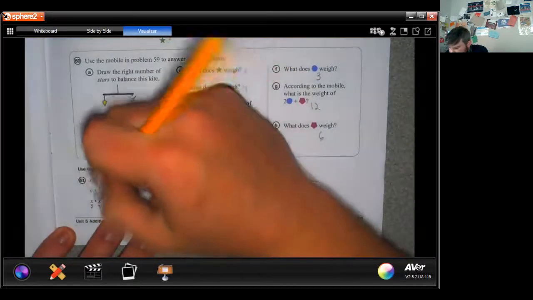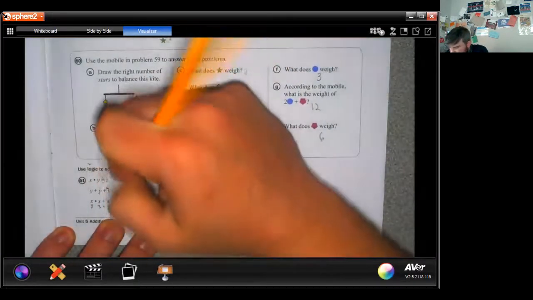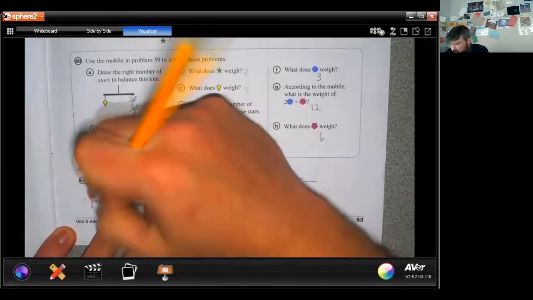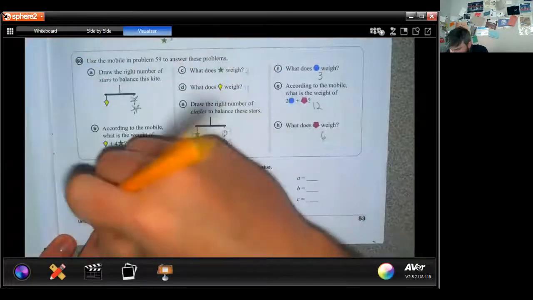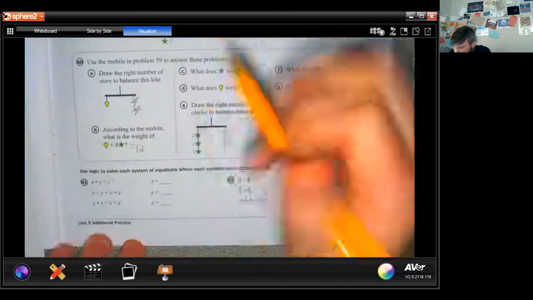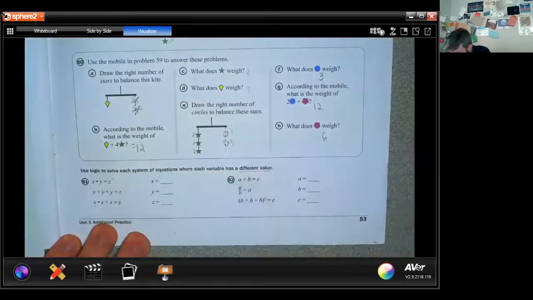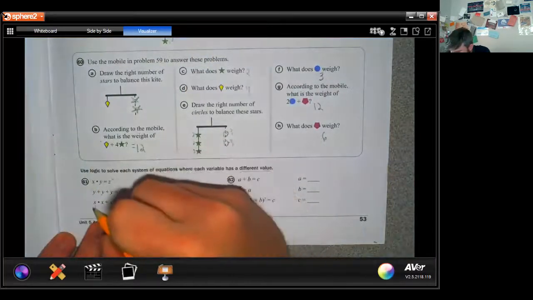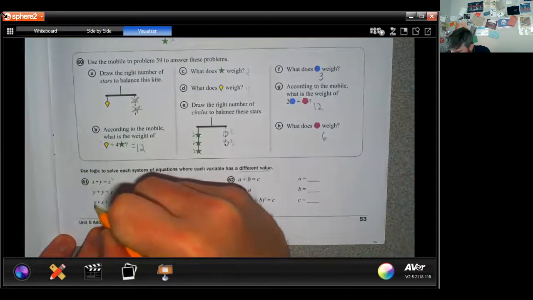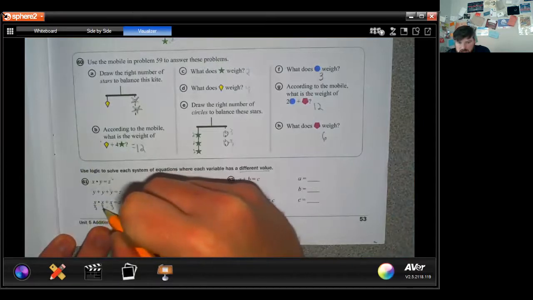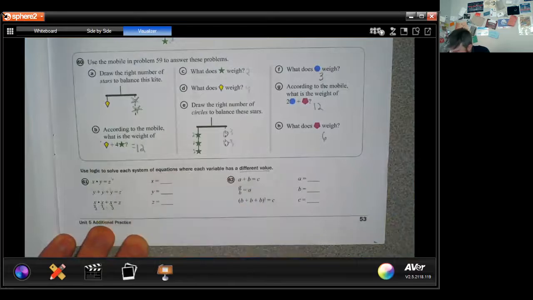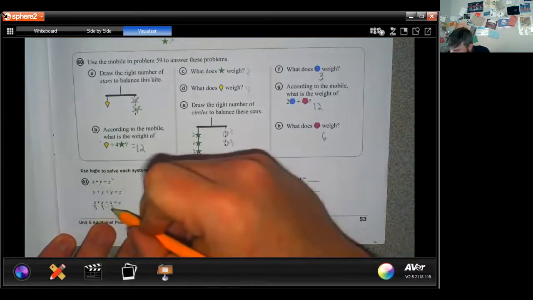Okay. So I'm thinking that y has to be bigger than x. So what if I try x to be 3? So let's say 3, 3, 3. So 3 times 3 is 9. 9 plus 3 is 12.